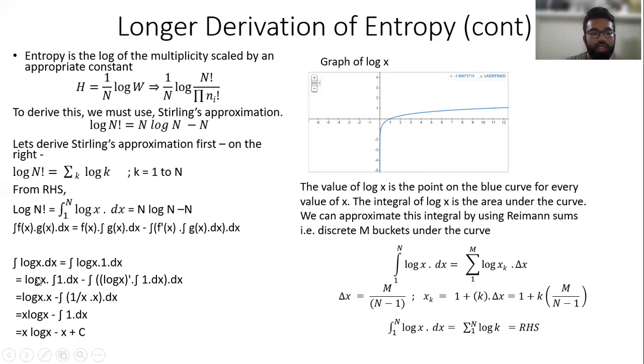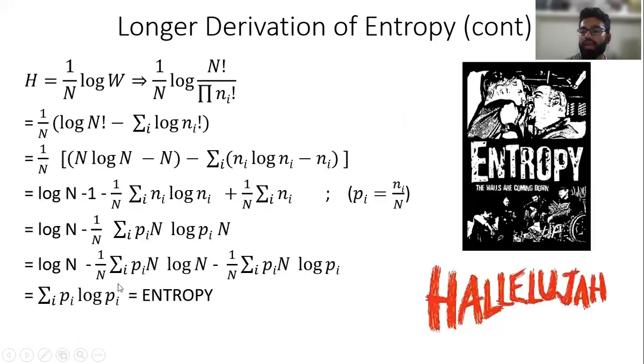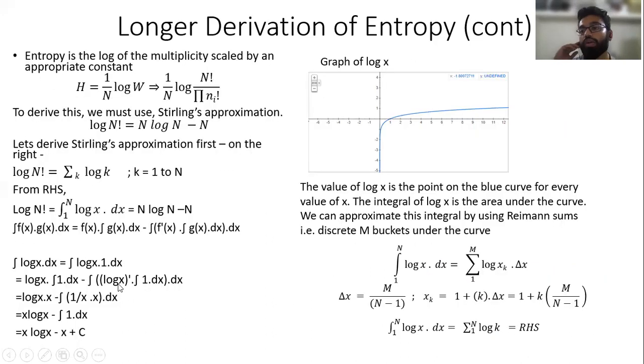So this is just log x times the integral of 1 dx, minus the integral of the derivative of log x times the integral of 1 dx. So you have log x with this 1 dx becoming x, and the derivative of log x is essentially 1 over x.